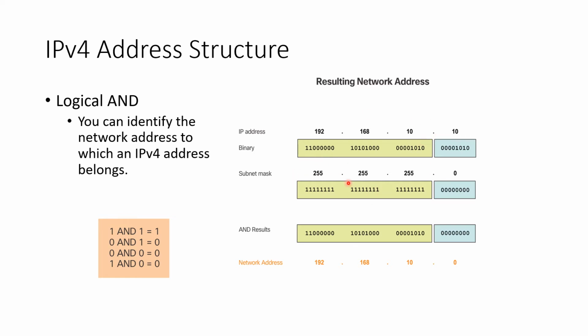The subnet mask is 255.255.255.0, and you have the result. So the network address becomes 192.168.10.0. You can see the conversion: 1 and 1 equals 1, 0 and 1 equals 0, 0 and 0 equals 0, 1 and 0 equals 0. That is how the network addresses are calculated.